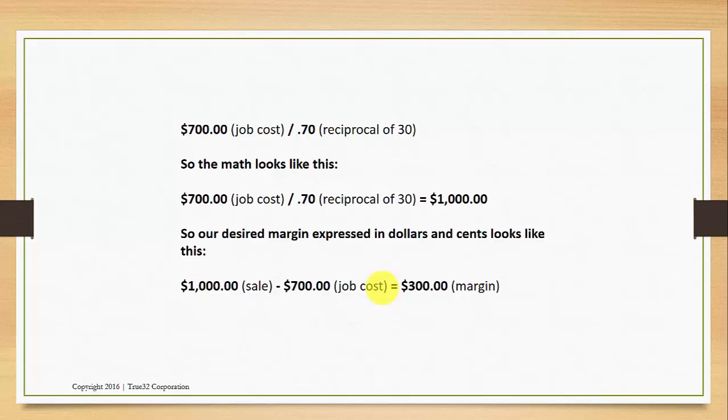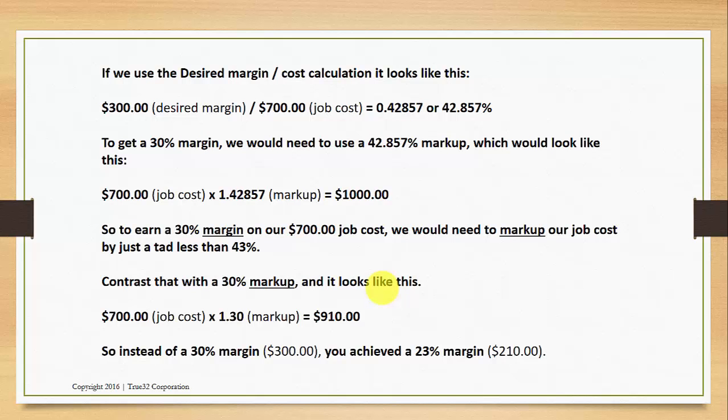So our desired margin expressed in dollars and cents looks like this: $1,000 sale minus our $700 job cost equals a $300 margin. If we use the desired margin divided by cost calculation, it looks like this: $300, which is our desired margin, divided by $700, our job cost, equals 0.42857 or 42.857%.